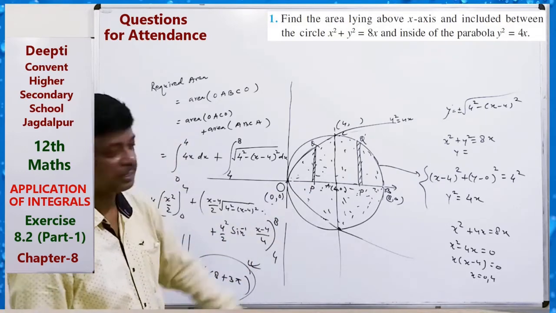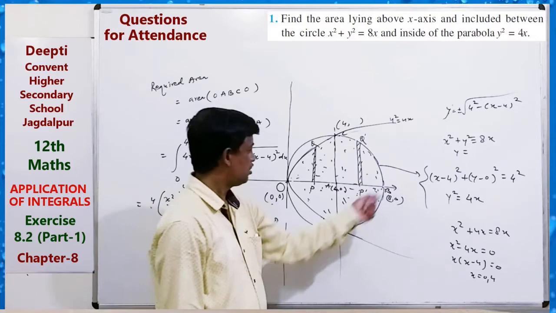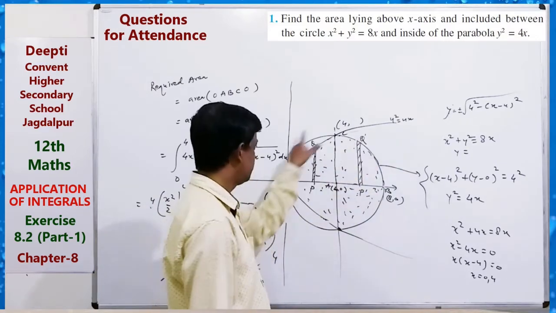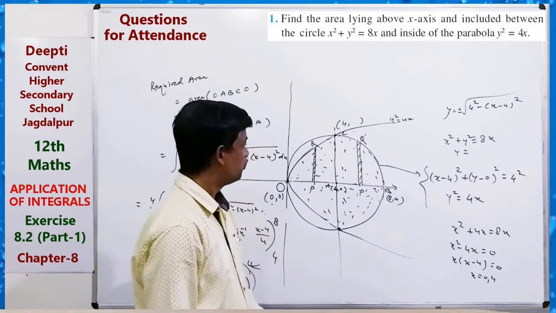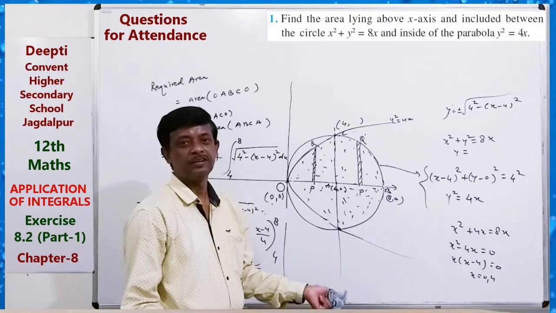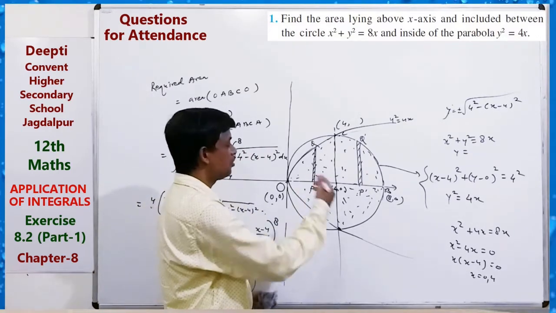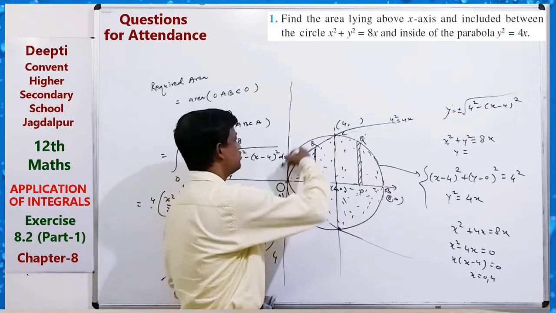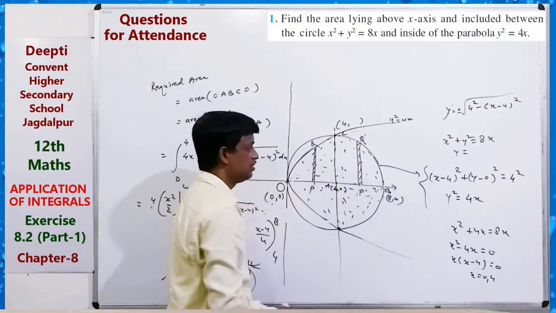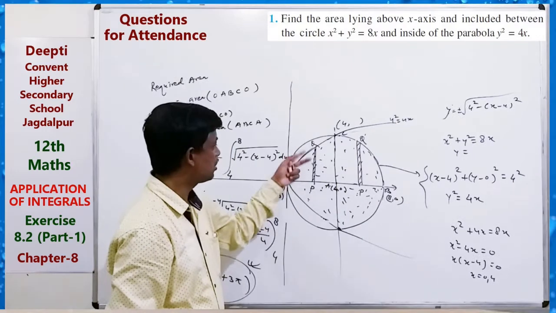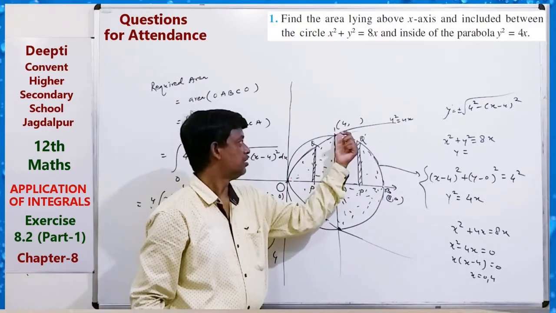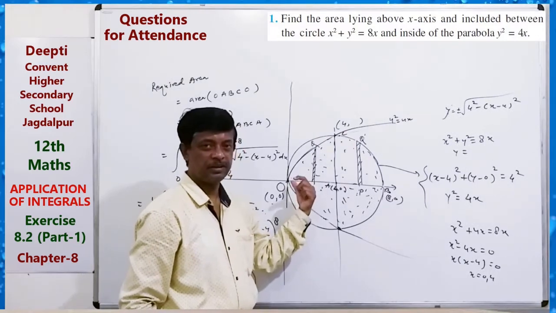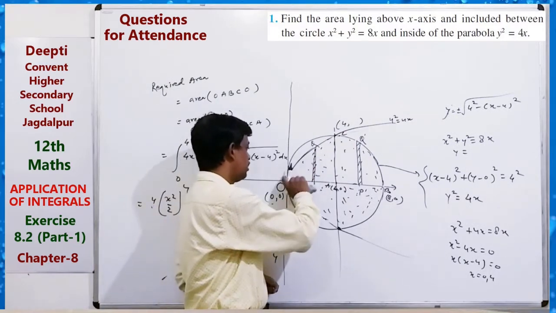So the main thing is the diagram. First of all, you have to draw the circle, then the parabola from the inner side, because we have to decide whether to draw the parabola from outside of the circle or from inside of the circle. If these two do not intersect at more than one point, then we can draw the parabola from outside.